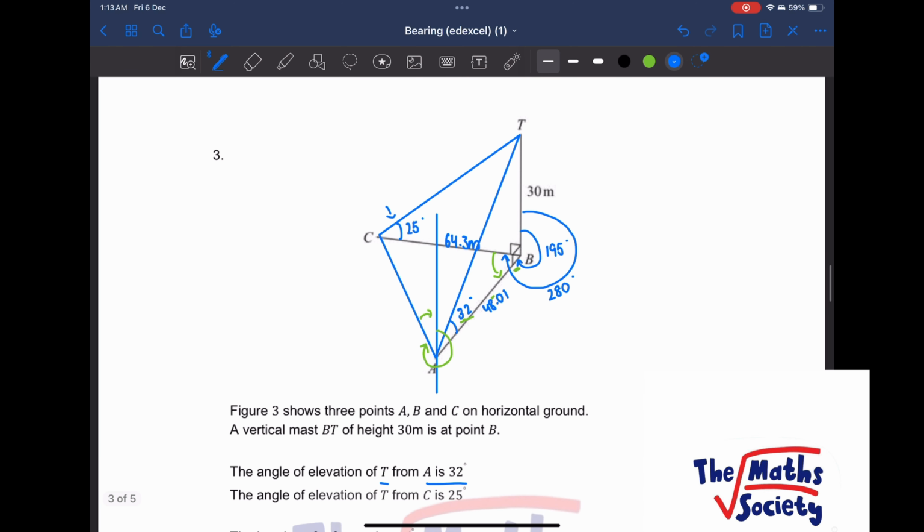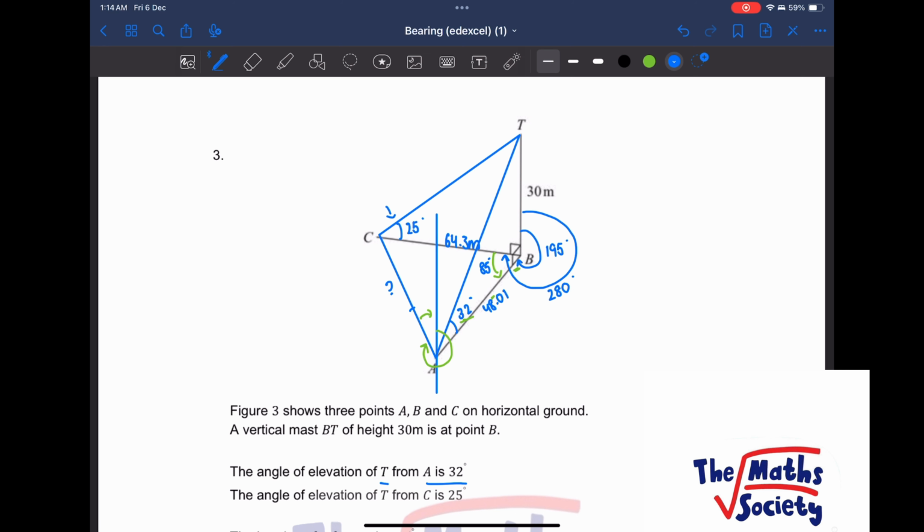So this is 85 degrees. We now get the 85 degrees because we need these other angles as well, and so we need to find the length of AC square. So AC square, we have one angle, so we know we can use the cosine rule.